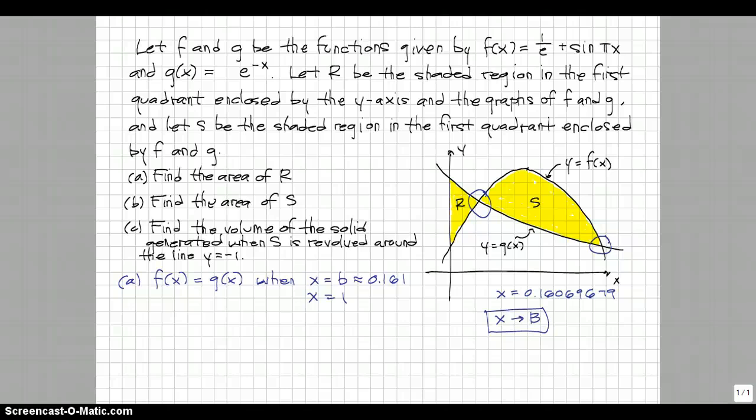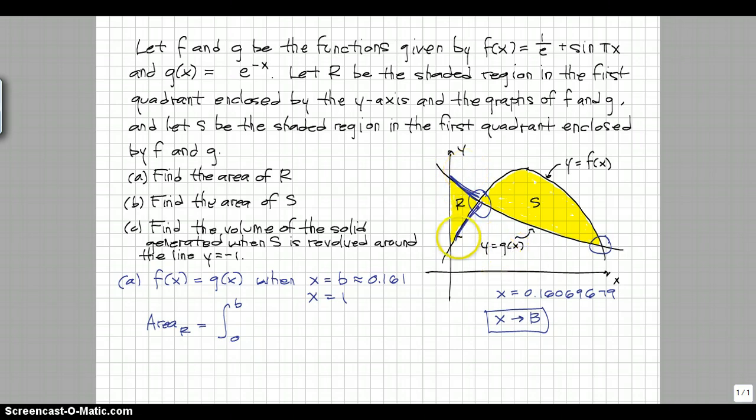So now that I know my lower limit of integration is 0 and my upper limit of integration is approximately 0.161, I'm going to write my integral. Let's say area of R, with a subscript R, is equal to the integral from 0 to b of, and then I have to look to see in this region R, the top function is actually g of x.